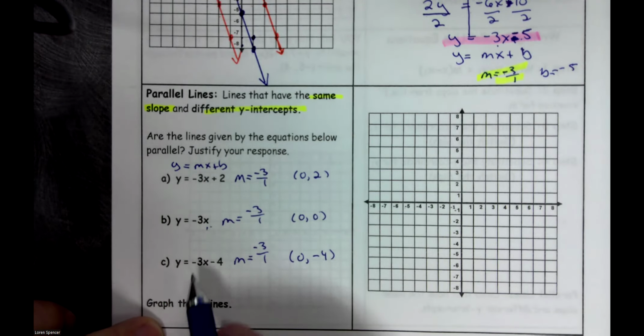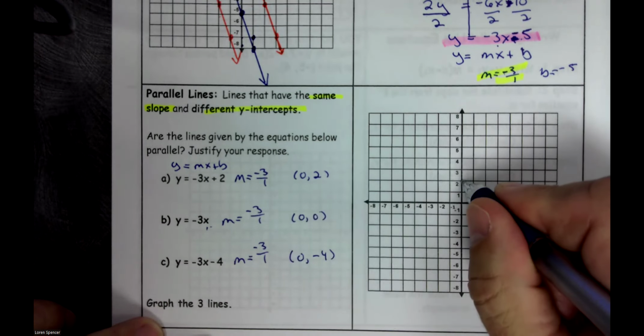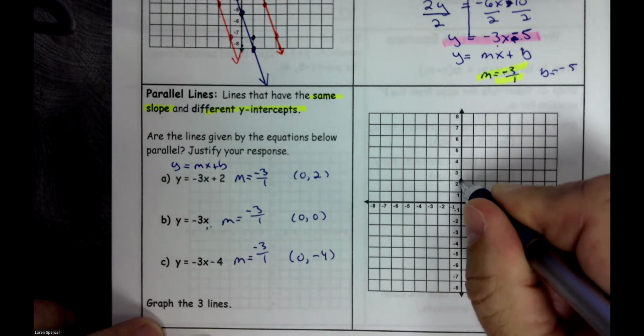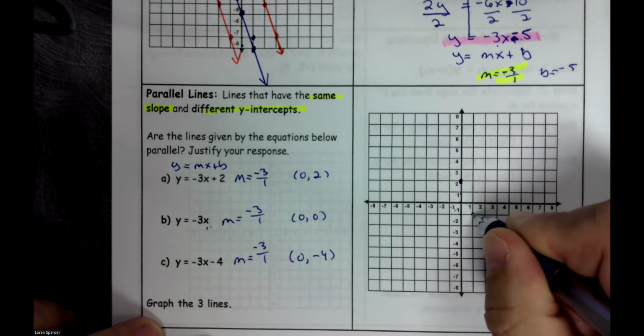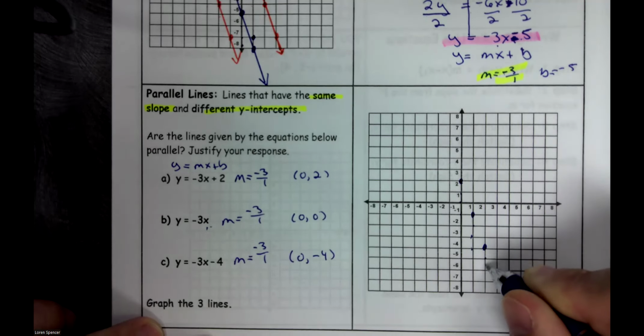So next thing it says is graph them. I'm going to go to 0, 2 and plot a point. And 1, 2, 3 over 1, 1, 2, 3. Remember, it's a negative slope, so we're going to be going down.